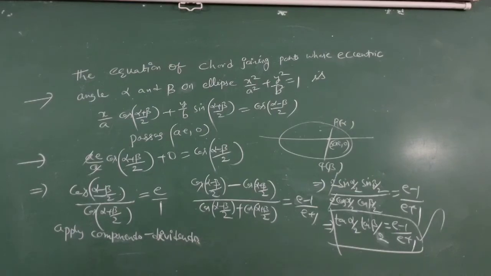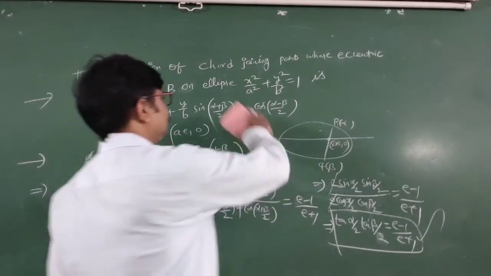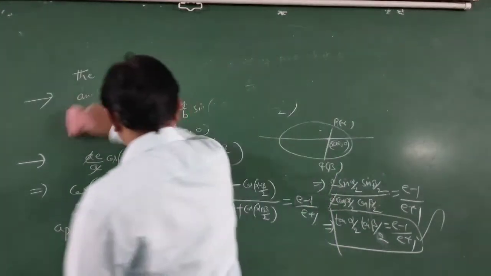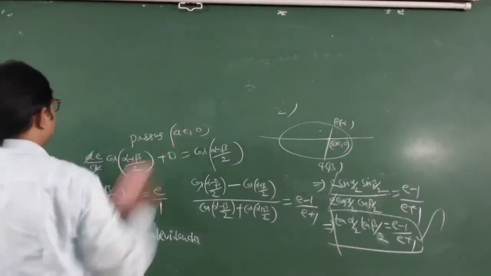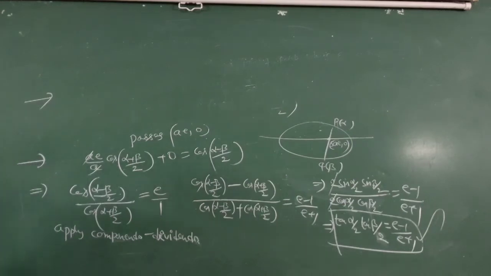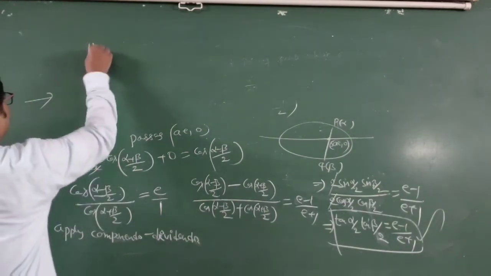Now students, right now we are going to discuss the equation of the tangent and the normal at theta. Write down the equation of the tangent at P theta on the ellipse.